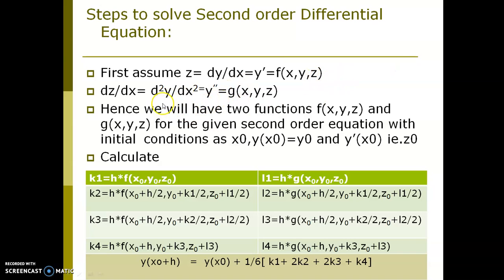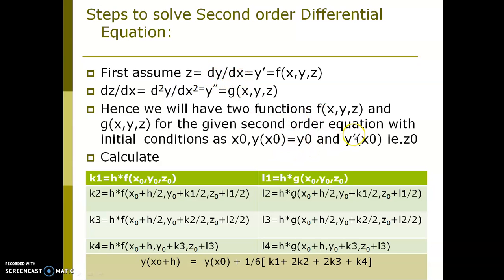The second function is obtained by replacing d square y by dx square, the second order term, with dz by dx, and the rest of the terms given in the equation are transferred to the other side, and we will call this function g of x, y, z. So the given second order differential equation we have split into two functions, f of x, y, z and g of x, y, z, by just assuming another variable in place of the first order differential term dy by dx.